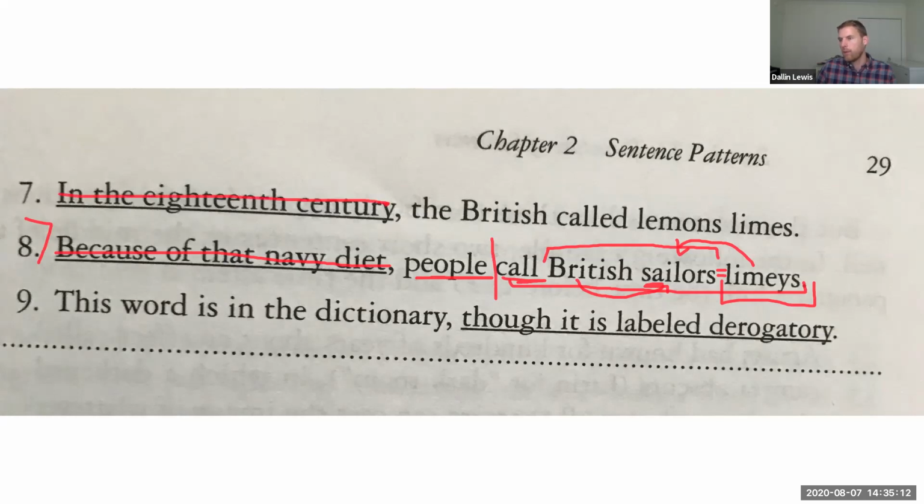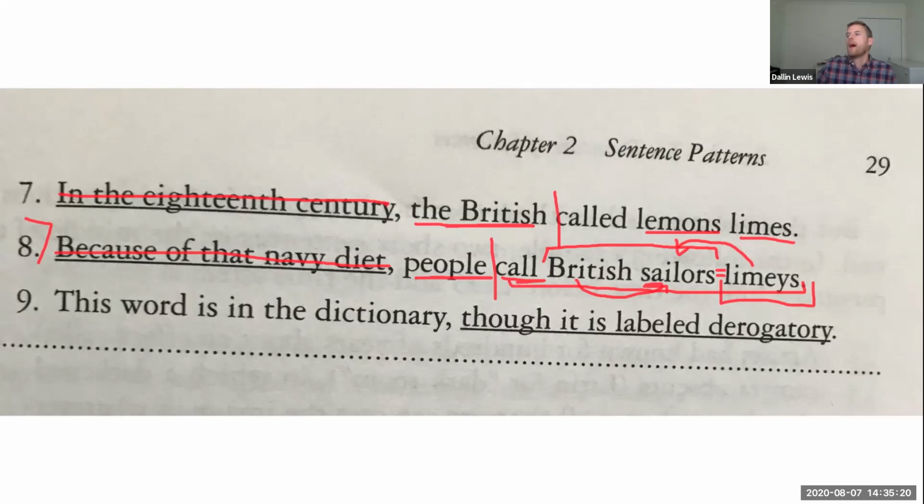So if we erase that, we know that the British is our subject, called again is our tense predicate, but now we have lemons, limes. This one is actually indirect object. The British called lemons, limes. The lemons are the recipients of the direct object, which is, is that right?